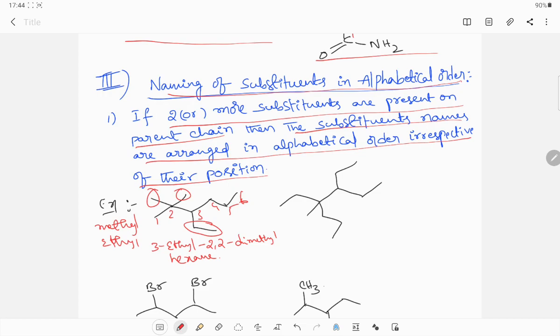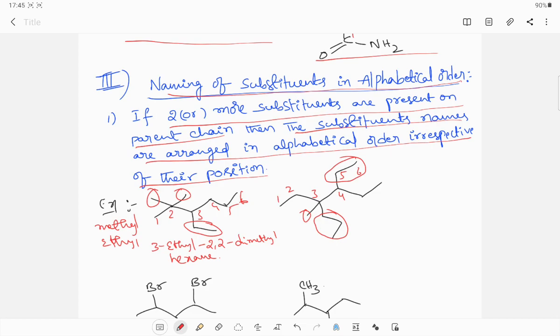Now come here. One more example is there. 1 2 3 4 5 6. Now look here. Here methyl is there, here propyl is there, here ethyl is there. Now the name of the compound.